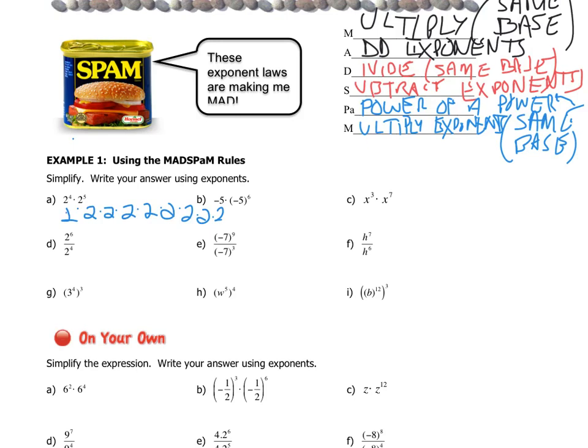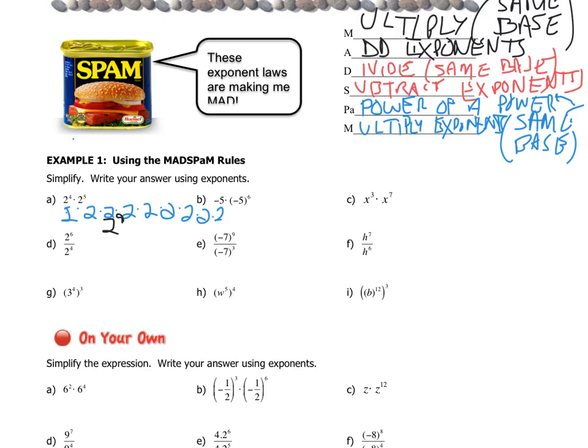If you expanded all of them out so there were no exponents and counted 1, 2, 3, 4, 5, 6, 7, 8, 9, there are 9 2's being multiplied together. So 9 2's multiplied together makes 2 to the 9th.